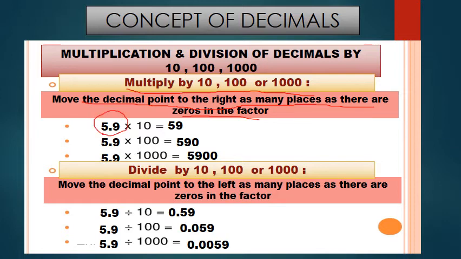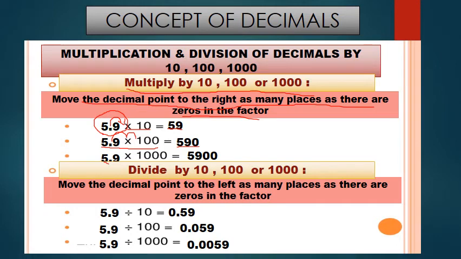Now multiply 5.9 by 10. So we move the decimal point to the right by one place. So we get the answer 59. Similarly, when we multiply 5.9 by 100, we move the decimal point two places to the right. So we get the answer 590.